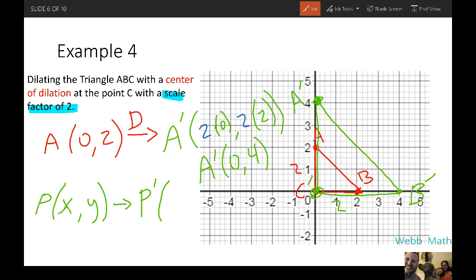I'll pay homage to my winter break with the Christmas theme color. Is k times x, comma, k times y. Okay, that's a rule for dilation.